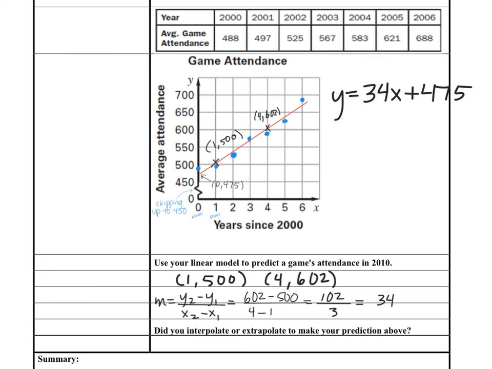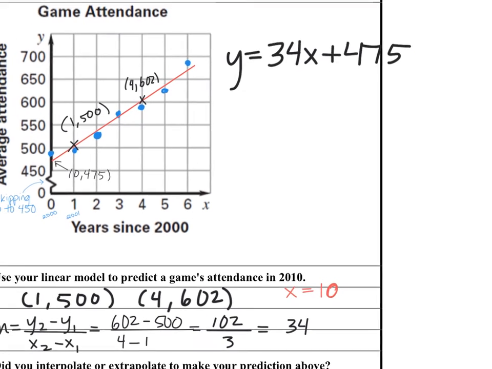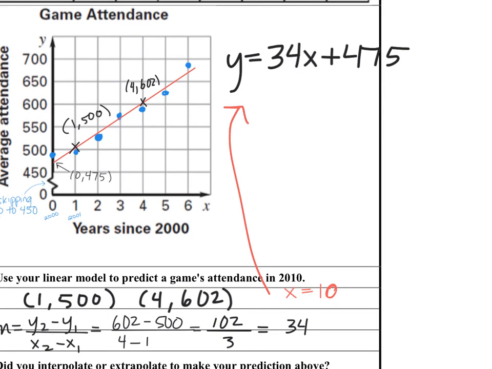So if we're using the equation to predict in 2010, what am I going to plug into my equation and where? Suffolk? You're going to plug in 10. Yeah, 10 for x. Because years since 2000 would be 10. So I didn't leave myself space because I should have done this above, but I didn't. So I'm going to draw an arrow. So we're going to do this right here. So y is equal to 34 times 10 plus 475.